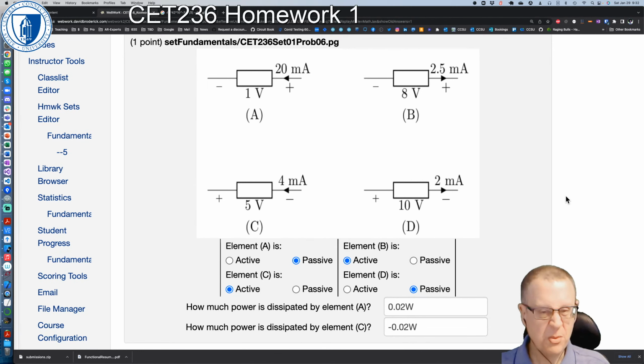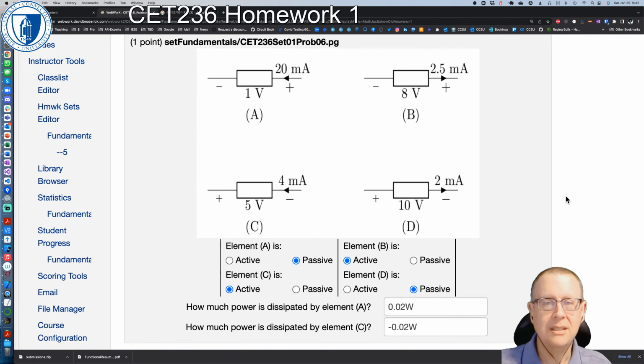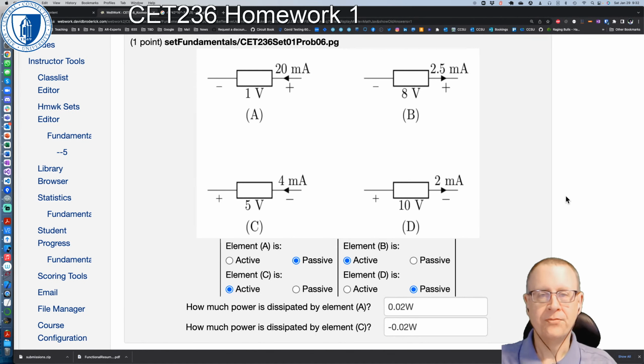Okay, so the first one is asking whether each element is active or passive. A has the current flowing into the positive, so that's passive. B has the current flowing out of the positive, so that's active.